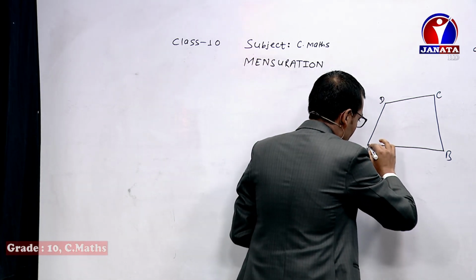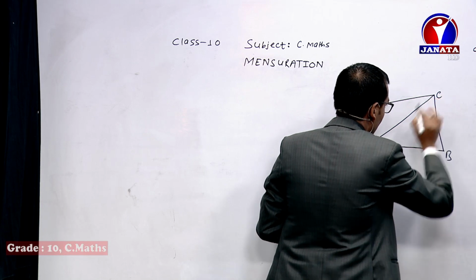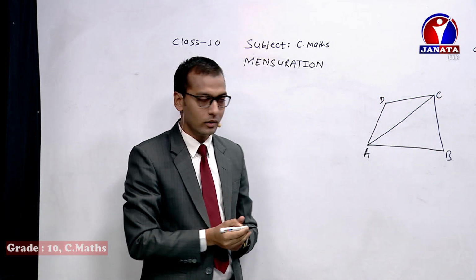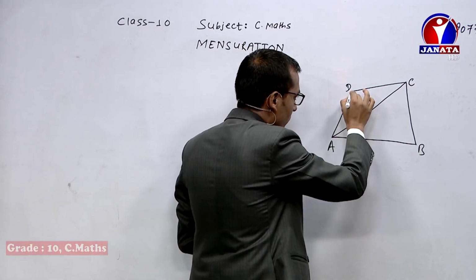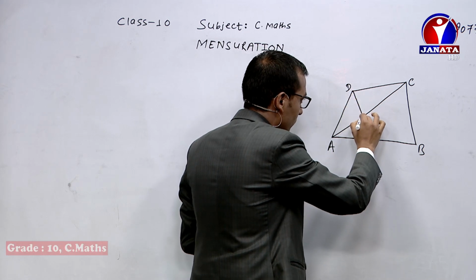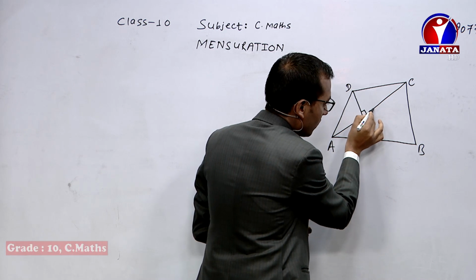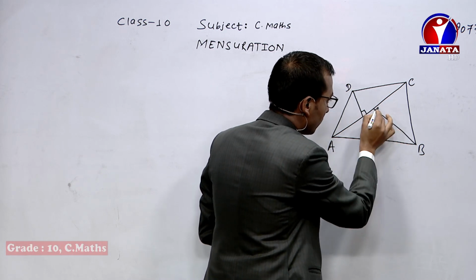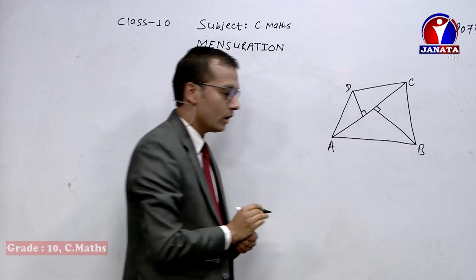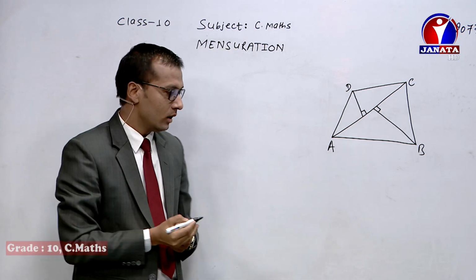Let me join one diagonal AC. I am also drawing perpendiculars from D on diagonal AC, and similarly a perpendicular from B on the same diagonal AC.